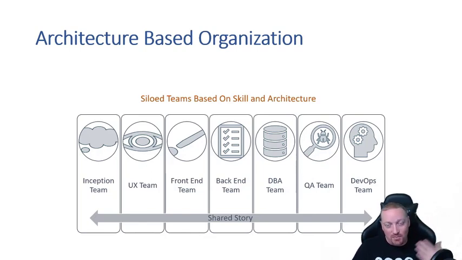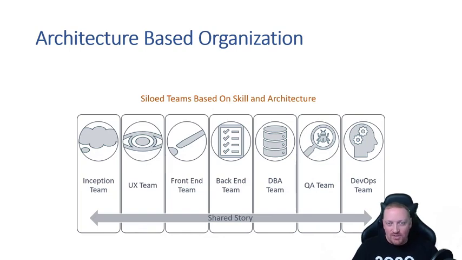So you have the inception team, whoever that inception team is, the group that acquires the requirements from the customer. And it may even be the business organization or the business operations altogether. They may be the ones incepting what the new next feature is to add. And then they may pass it along to a UX team who figures out what the interface should look like. They might do some wireframing or something like that for the actual end user.